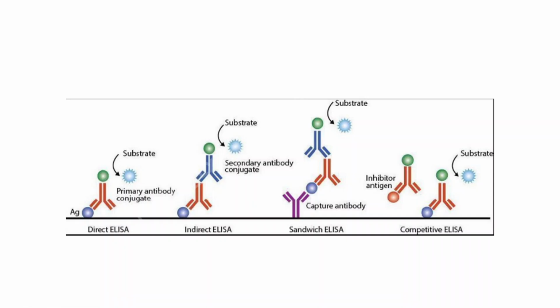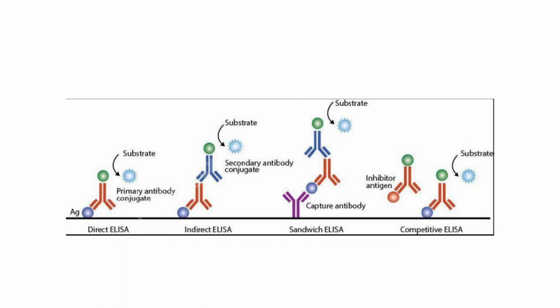So you have the antigen, then you have the primary antibody that is binding to the antigen, then you add the secondary antibody that has the fluorophore, or that has some kind of colorimetric detection technique, and once you add the secondary antibody and add the substrate, you will see the color, and by seeing the color you can say that okay, this particular antigen is reacting to the primary antibody.